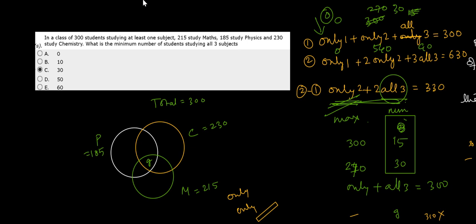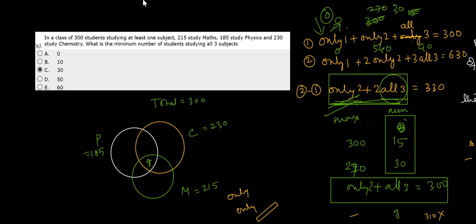If I put only 1 as 0, then only 2 plus all 3 is 300, and only 2 plus twice all 3 is 330. So if you just subtract it, you get all 3 minimum, which is 30.